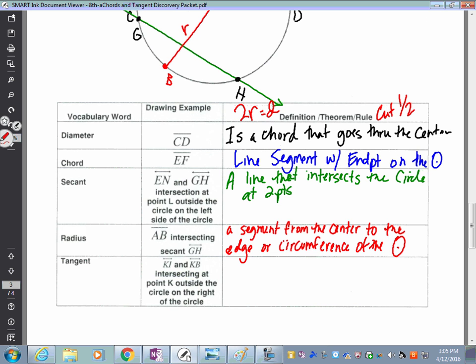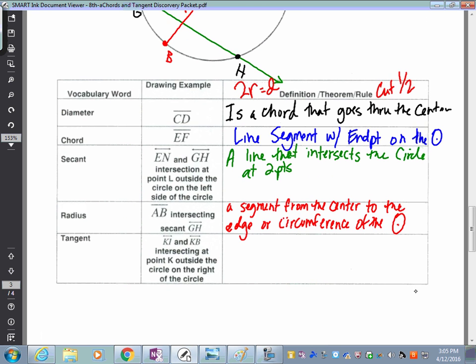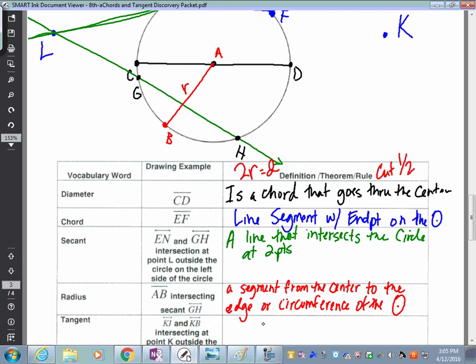I'm just going to do the symbol. A circle with the dot in it is a symbol for circle. So a radius has to go from the center to the edge, and it's a segment. And we drew our radius doing that so that it crossed the GH part.